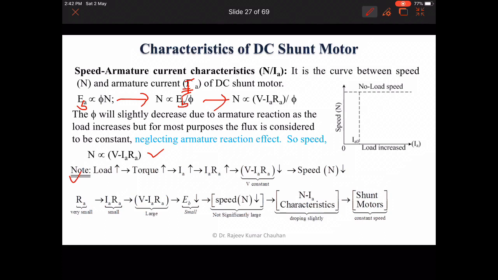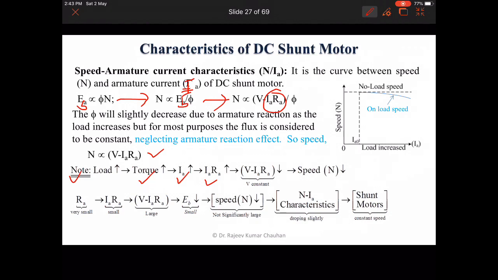Note, if the load is increased, more torque is required. If the torque is increased, then the armature current IA will increase. If IA is increased, V minus IA RA will decrease because IA RA will increase.